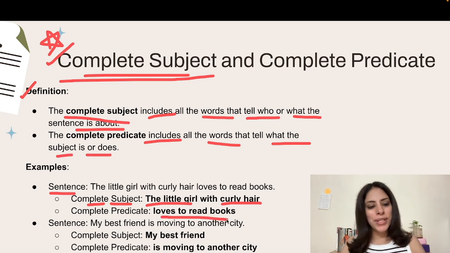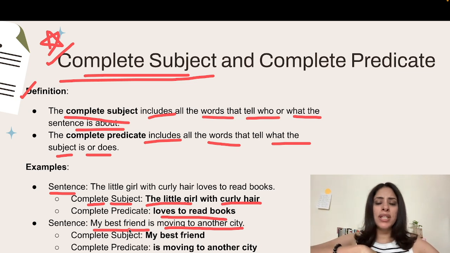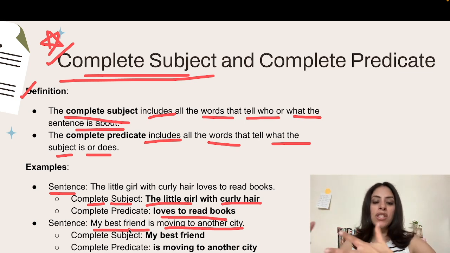Loves to read books. Another one is, my best friend is moving to another city. We could have said Kanika is moving to another city, but we are using my best friend is moving to another city. So that is the meaning of complete subject and complete predicate. It gives complete information, as much information as a reader can get.